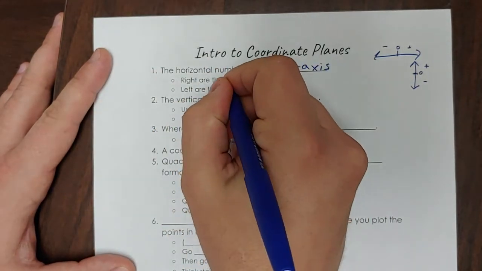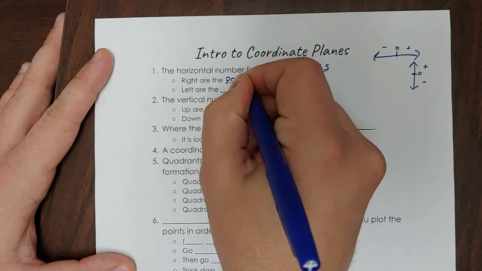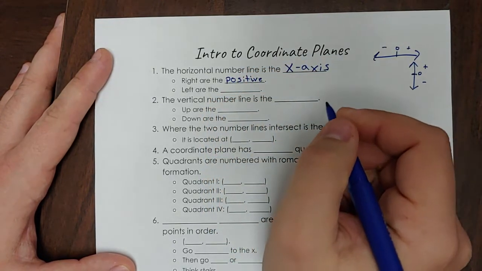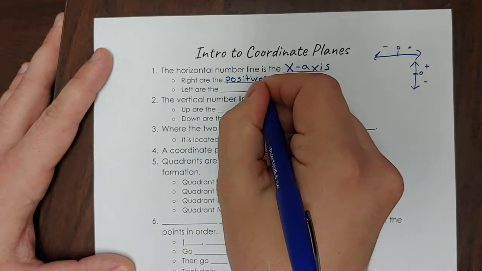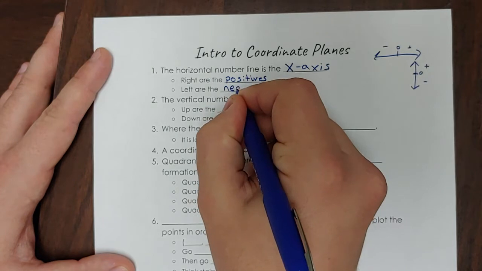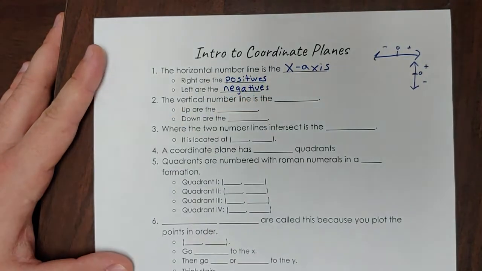The rights are the positives, and the lefts are the negatives. Okay?